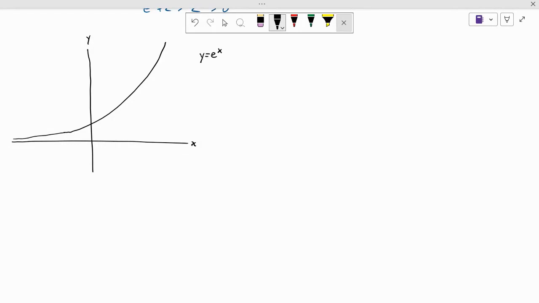So another skill in calculus would be to find the limiting behavior, the long-term behavior of your function. So we want to look at what happens if x gets very positive, very large.